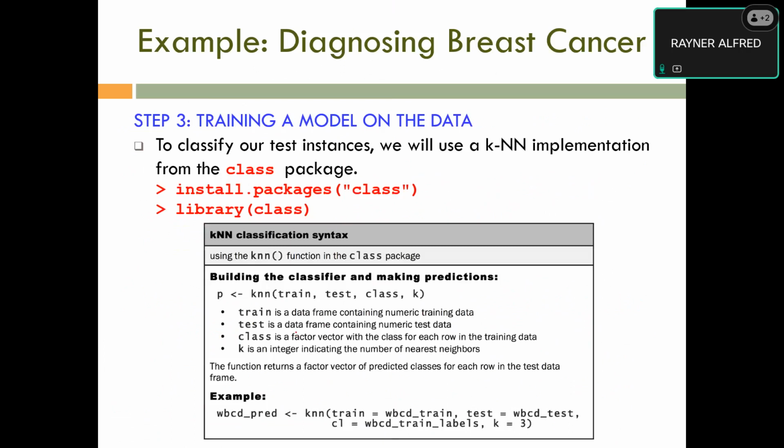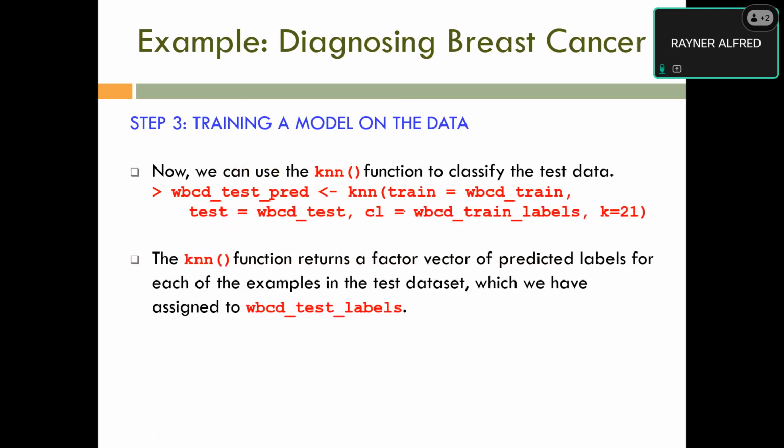To run the KNN, we need to install the package class first and then load it into memory. Then we perform the classification here called KNN, and we get the training data set from the training here, and also we have the test, and also the class where you store the class, and k is 21.